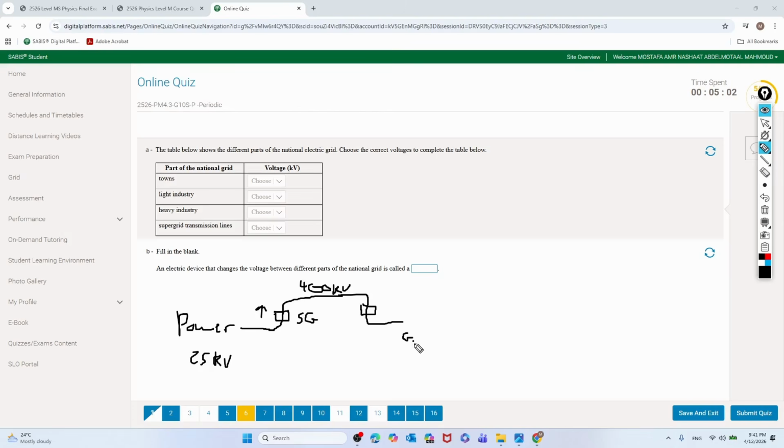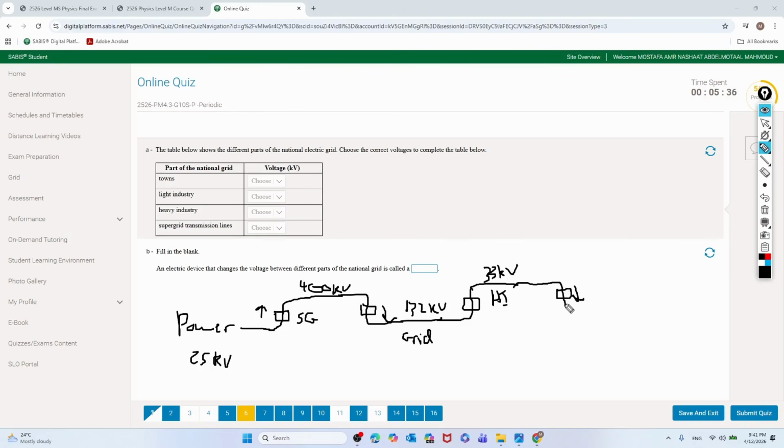This is grid, 132 kilovolts. Step down, and then another step down to heavy industry. Heavy industry, so that's 33 kilovolts. And then light industry, 11 kilovolts.